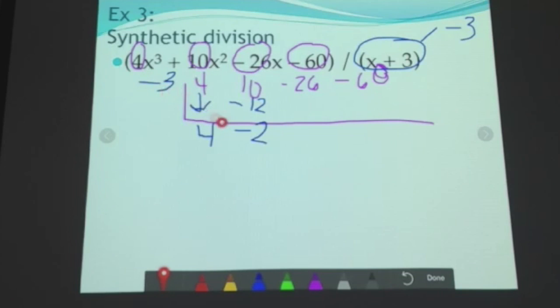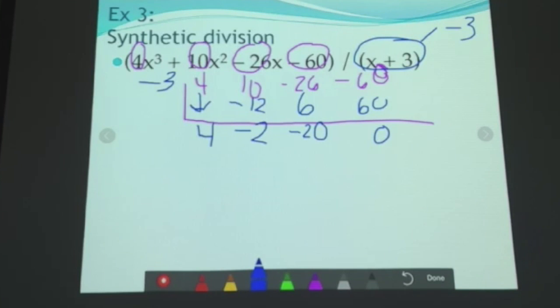So negative 3 times negative 2, let's put our answer in the next empty space. So negative 3 times negative 2 is a 6. I'm going to put that answer in my empty space. Let's add straight down. I would get negative 20. And last one, negative 3 times negative 20 is a positive 60. Add straight down, and I get 0.